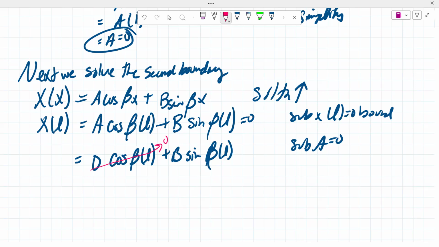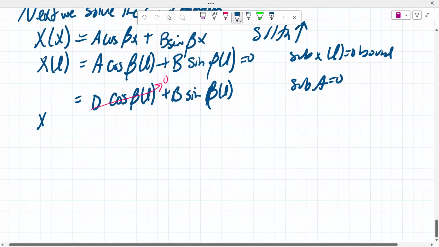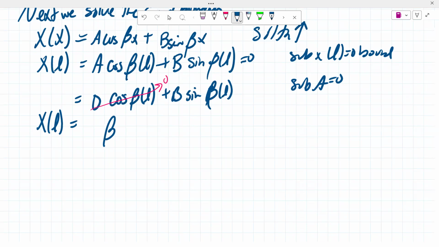So that's gone. So the next thing we do is simplify this. So that means that x of L equals, oh no, I got that wrong. This one is b. Notice there's b and beta here. b sine beta L equals 0. Let's simplify.